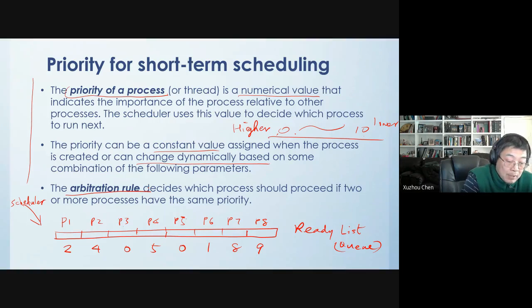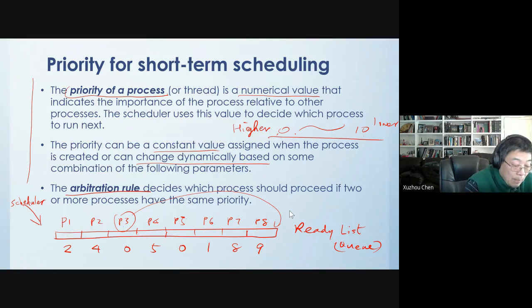In this case, an arbitration rule decides which process should proceed if two or more processes have the same priority. One approach is to randomly pick a process, like process 3. Okay, you go and run. Once process 3 finishes the job, it will be put back in the ready list.